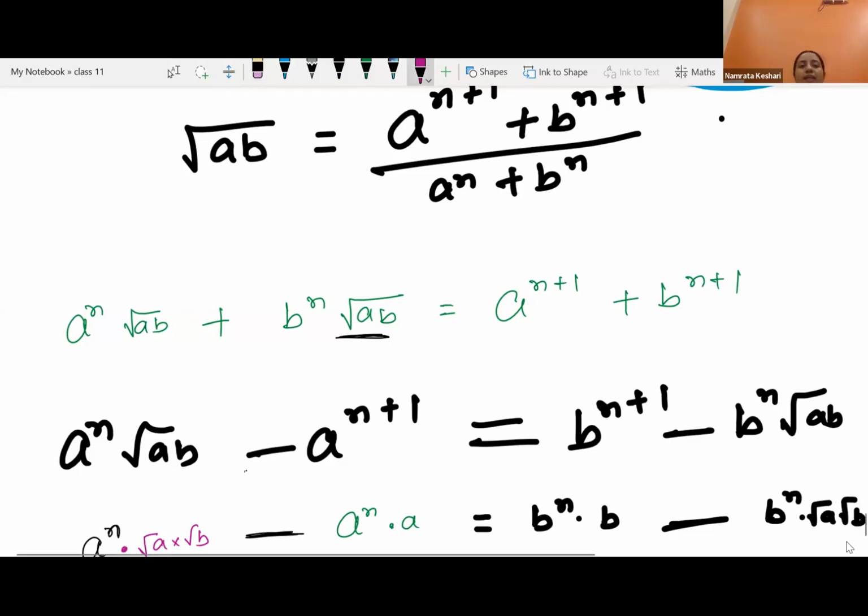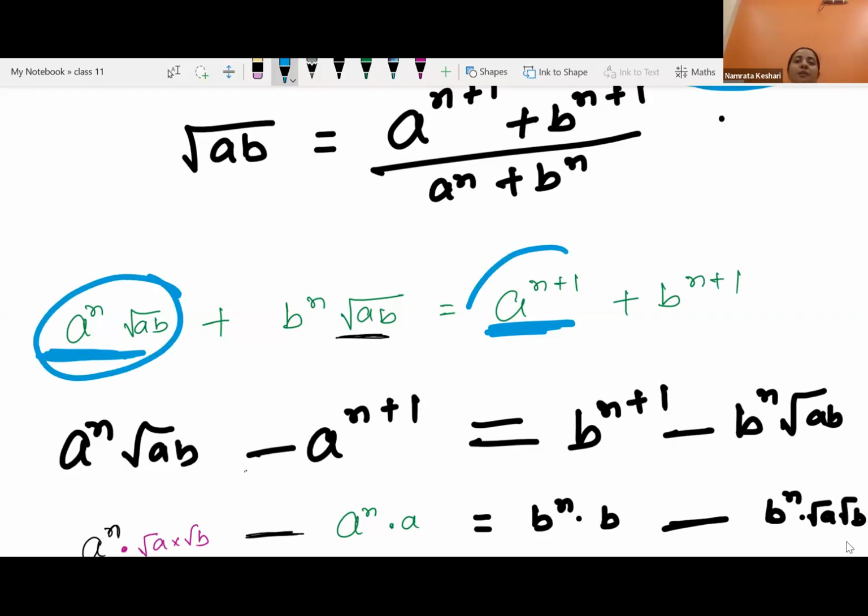So we realize that if we take this a to the power n, see carefully, a to the power n with a to the power n from here, because initially we realized that a to the power n plus 1 is nothing but a to the power n into a to the power 1, right? Yes, ma'am. So we are writing these two terms together.